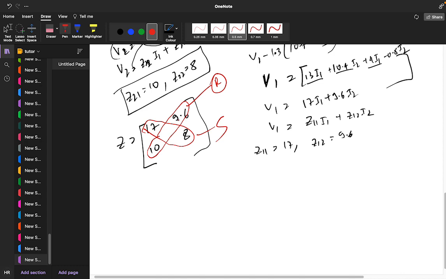If the off-diagonal elements are the same, then the network is reciprocal. If the diagonal elements are the same, then the network is symmetrical. So it is neither symmetrical nor reciprocal. So the answer we got is Z equals 17, 9.6, 10 and 8.